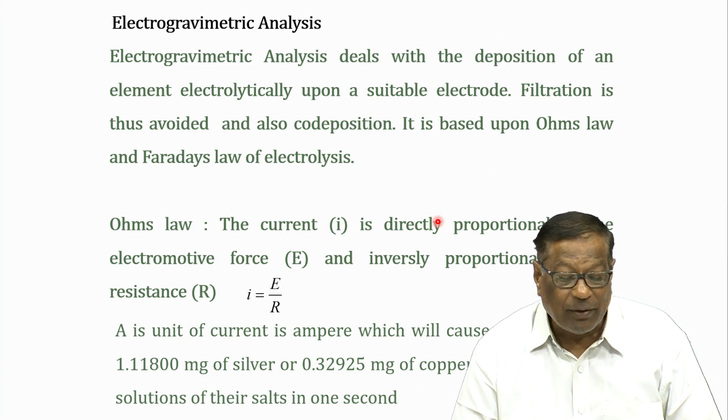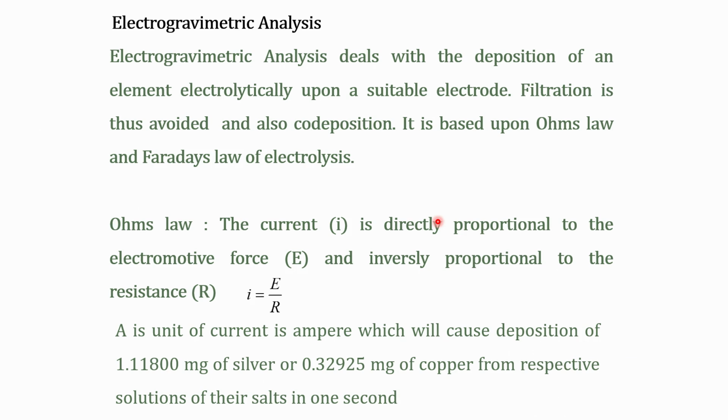But in electrogravimetry, we are avoiding the filtration because we are going to deposit it on the cathode. So, the electrode cannot be a general electrode, it has to be a suitable electrode. That means the metal ion should be capable of getting deposited and stored safely until you are ready to weigh it.